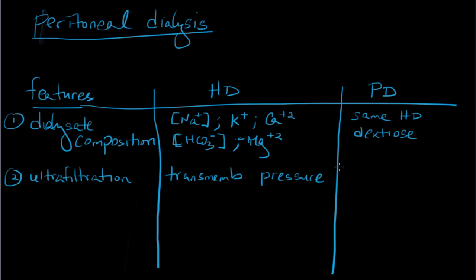You cannot exert a hydrostatic pressure. What you can exert is an osmotic pressure. And that osmotic pressure comes directly from the amount of dextrose that you have in the PD fluid. So we're going to say osmotic pressure, and that is directly related to the amount of dextrose in your solution.